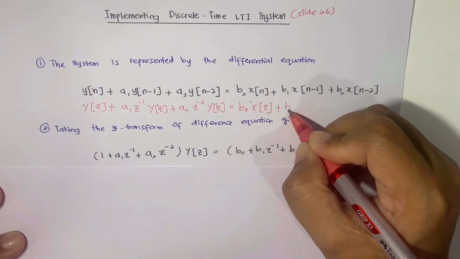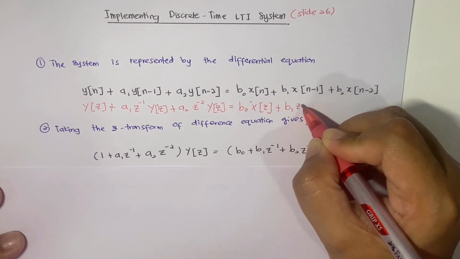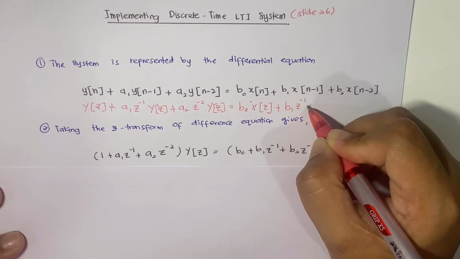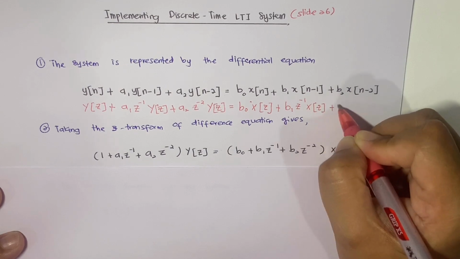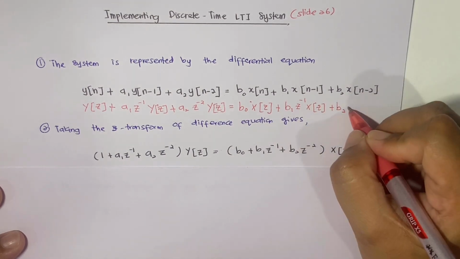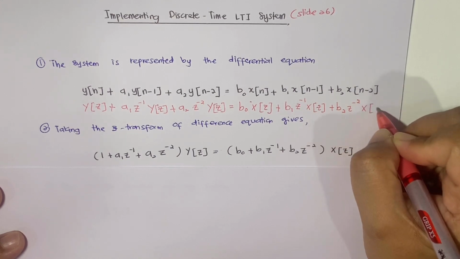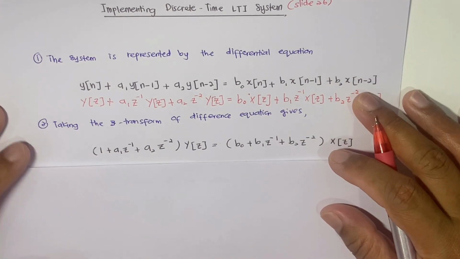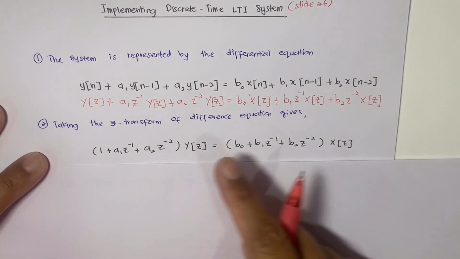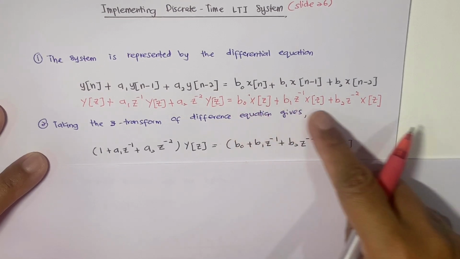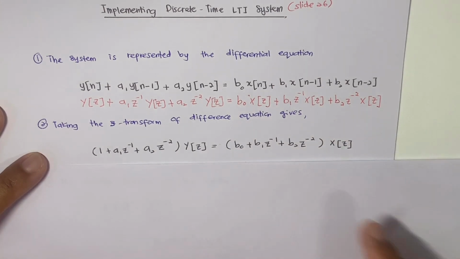Plus b1, this is minus 1, so you need to put z to the power of negative 1, X(z), plus b2 z to the power of negative 2 X(z). When you factorize this, you will get like this, and when you factorize the right side of the difference equation, you will get like this.